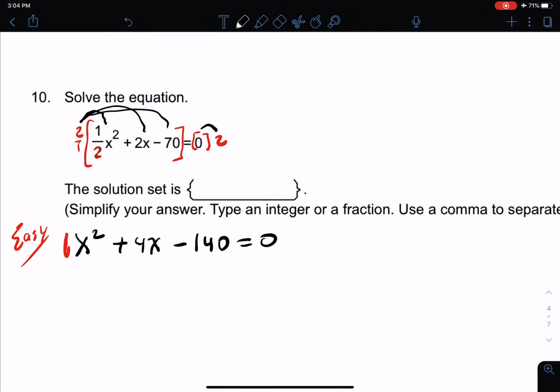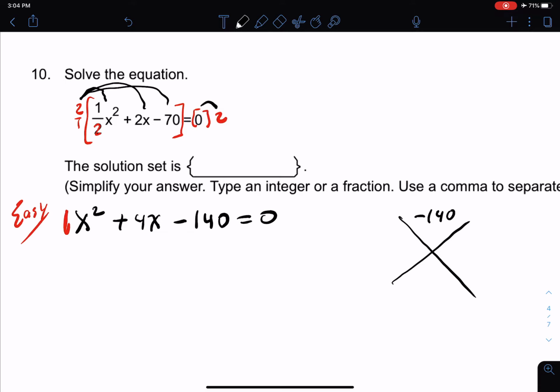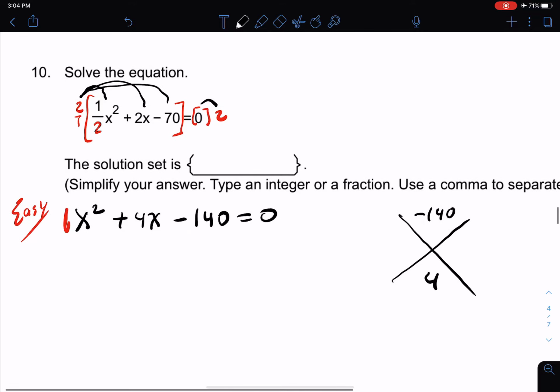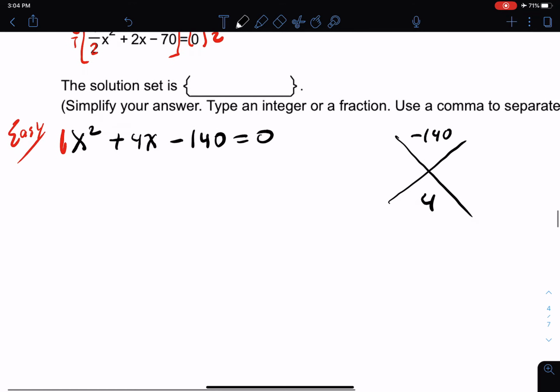So what two numbers multiply to a negative 140, and add to 4? Let's see. If I'm going to multiply to a negative, I got to multiply a negative times a positive to make that happen. And the signs are opposite of each other, so when you add them together, really we're subtracting two numbers.